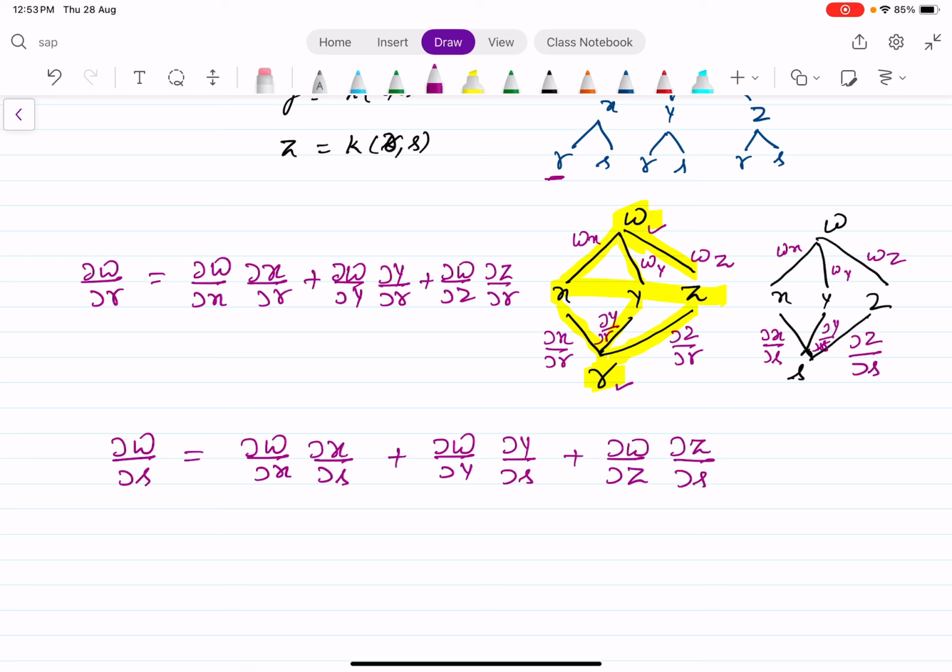So this is the flow diagram for computing ∂W/∂R and ∂W/∂S.